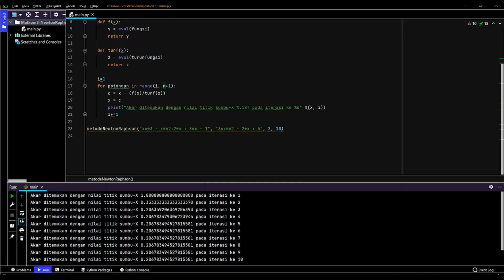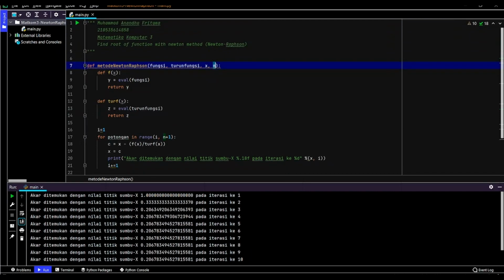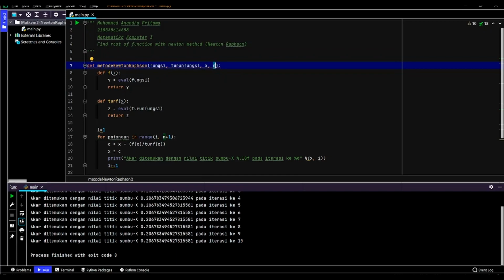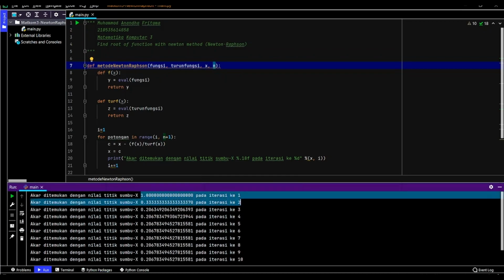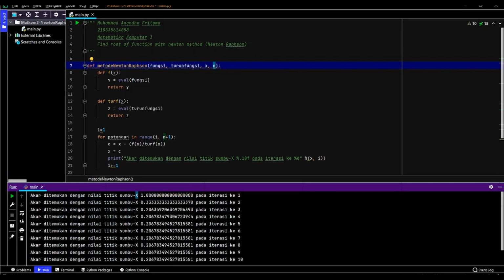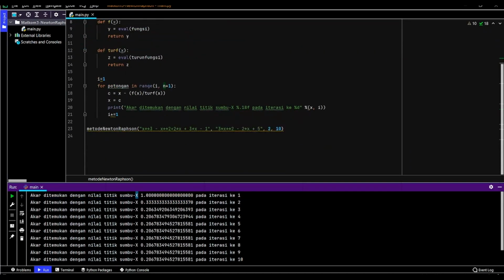If we evaluate this manually, we will find the same value as this function. So I will run this code, and in the first iteration, the x value with the Newton method is 1. Why do we get this value?